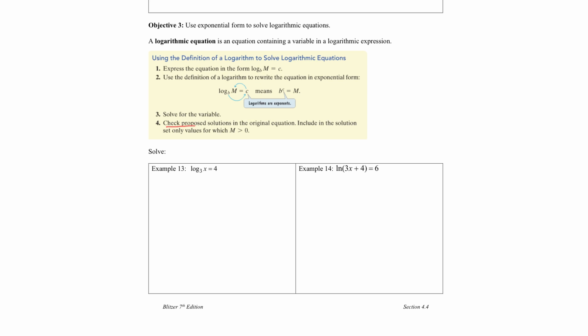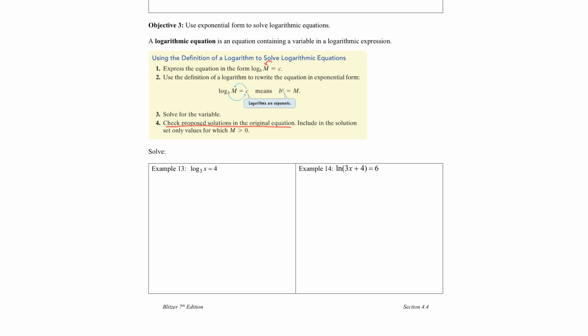We have to check our proposed solutions in the original equation, and we have to include in the solution set only values for which m is greater than 0. Another way of saying that is include in the solution set only values which are in the domain of any of the logarithms in our original equation.